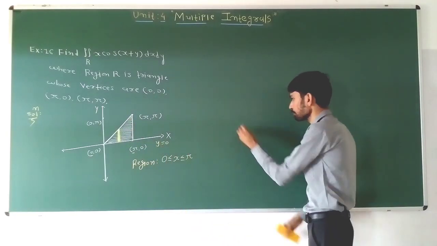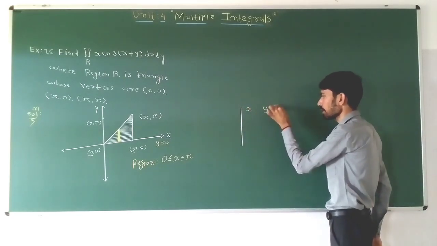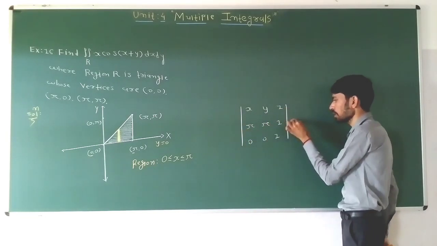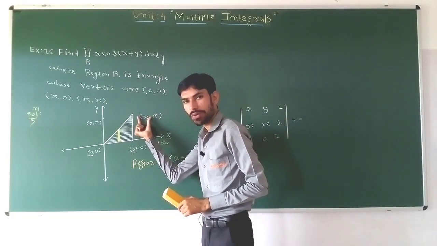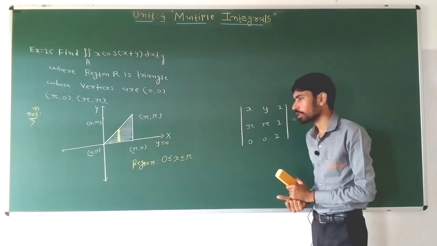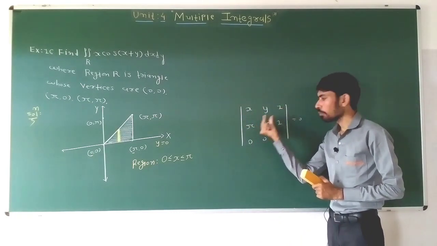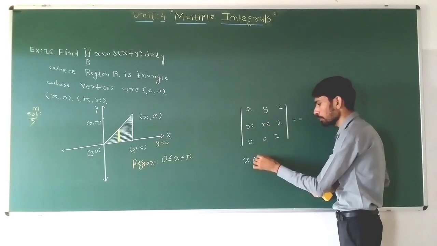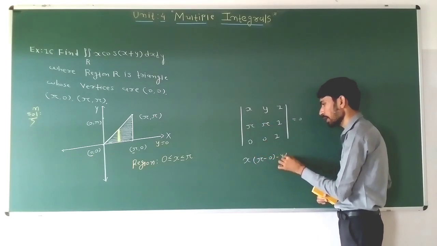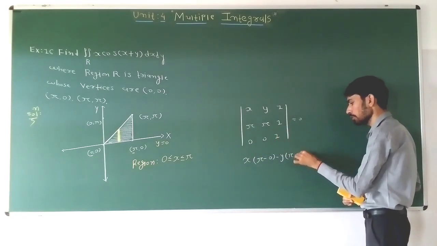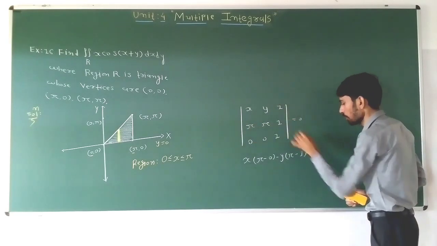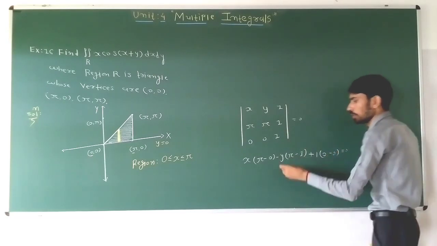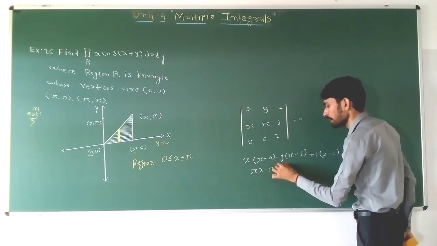First of all, we obtain the equation using the determinant method with the variable row x, y, 1, the point (pi, pi, 1) and the next point (0, 0, 1), equal to 0. We have to find the equation of the line passing through (pi, pi) and (0, 0). Expanding: x times (pi times 1 minus 0 times 1), minus y times (pi times 1 minus 0 times 1), plus 1 times (0 times pi minus 0 times pi), which is 0. The remaining terms give pi x minus pi y equal to 0.